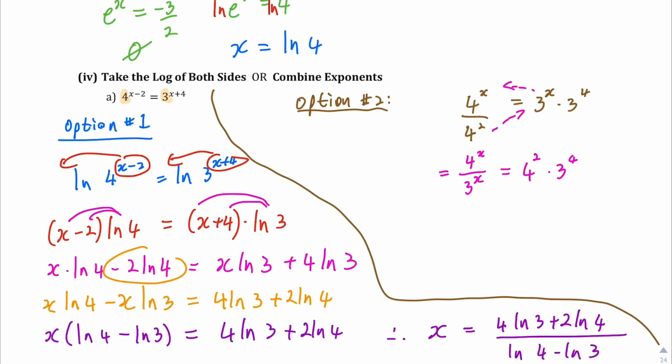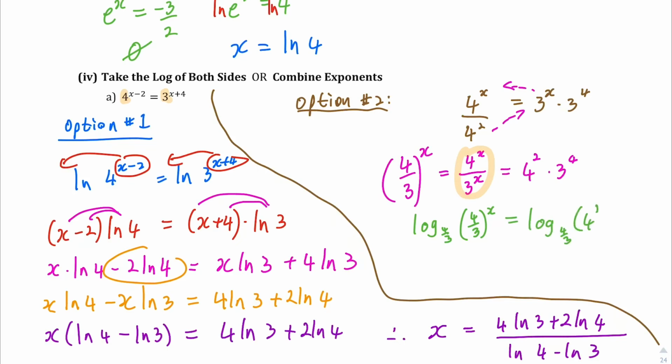The term on the left-hand side could actually be simplified to 4/3 all to the power of x. And therein lies the key step, because what I'm going to introduce now to both sides of that equation is a base 4/3 logarithm. And so now I'm going to take log base 4/3 of (4/3) to the power of x equals log base 4/3 of 4 squared times 3 to the power of 4.